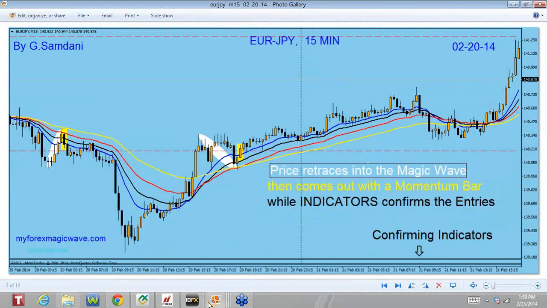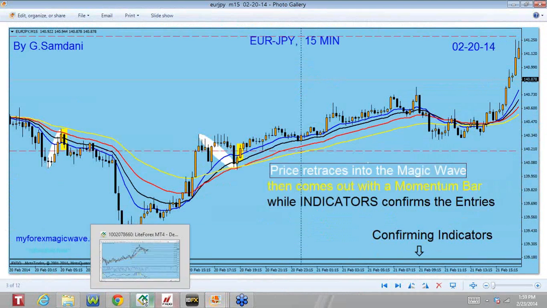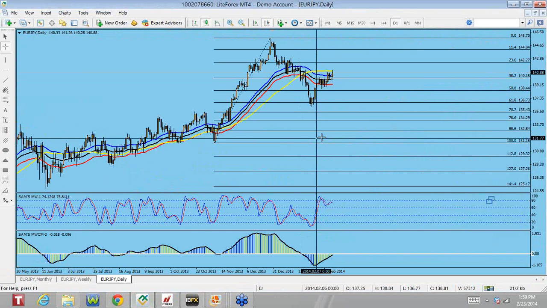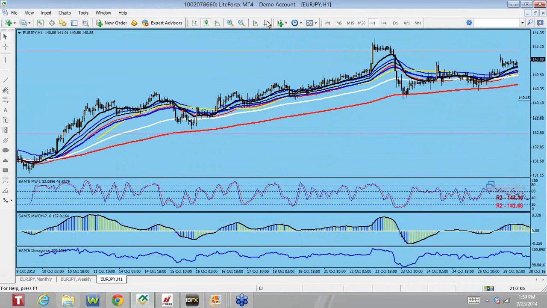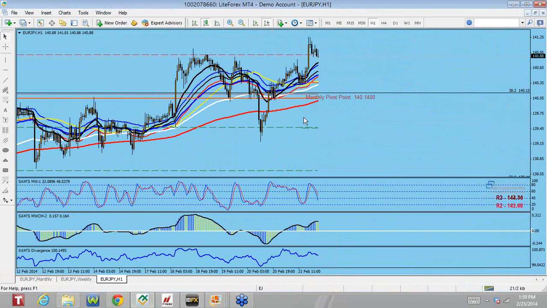This is the 20th, right? So that's February 20, this pin bar here.